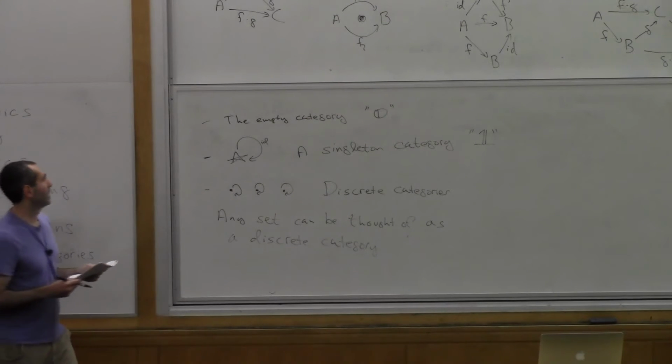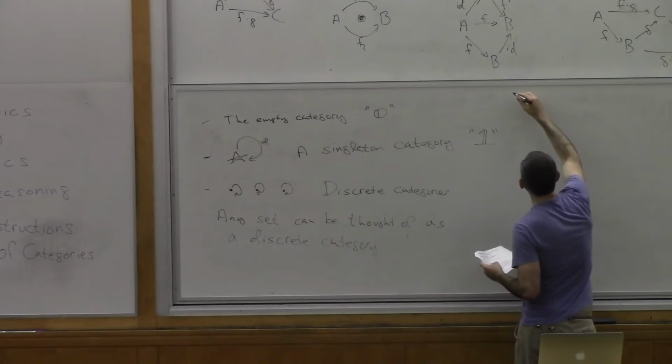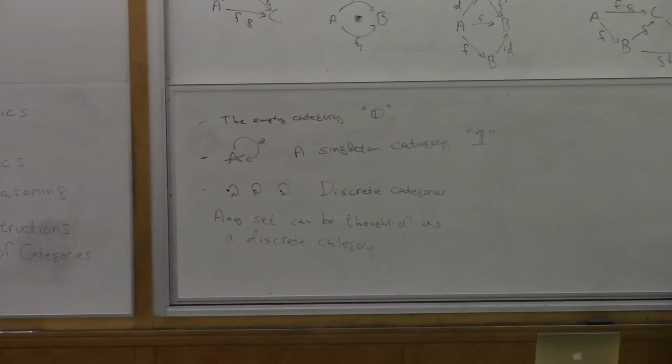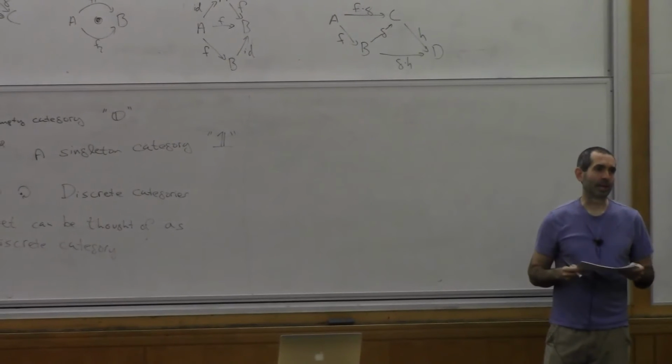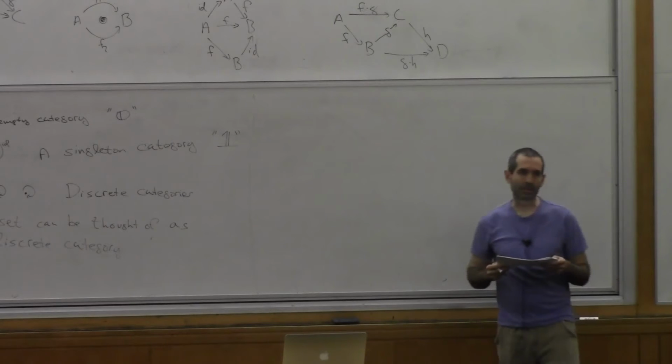So let's be slightly less discrete and see if we can make a slightly more complicated category. As Bob told you this morning, there's this idea of a preordered set, which is a set with a reflexive and transitive binary relation.